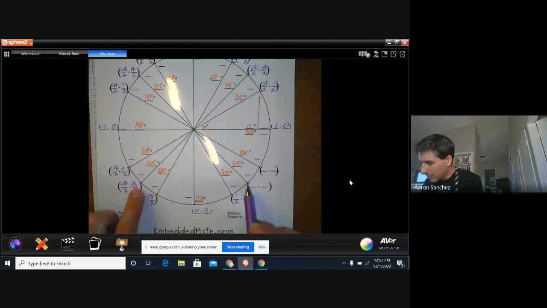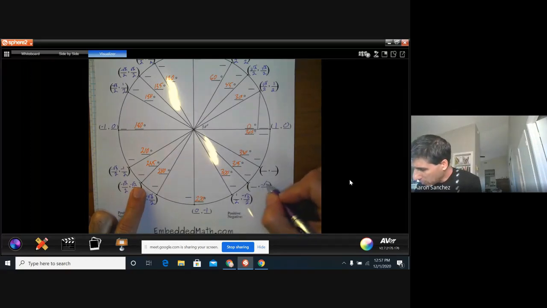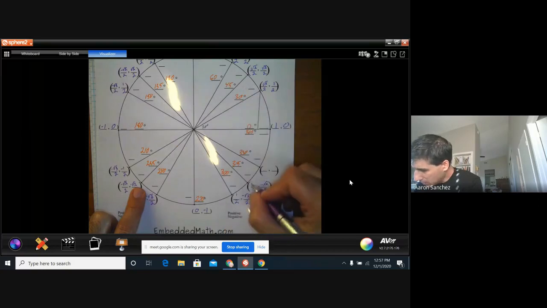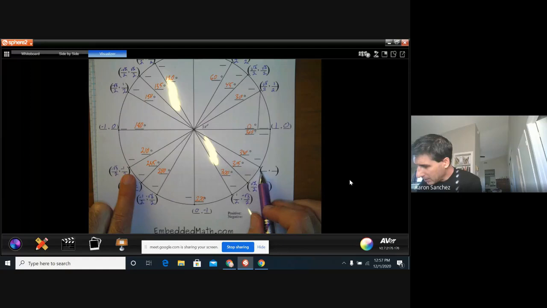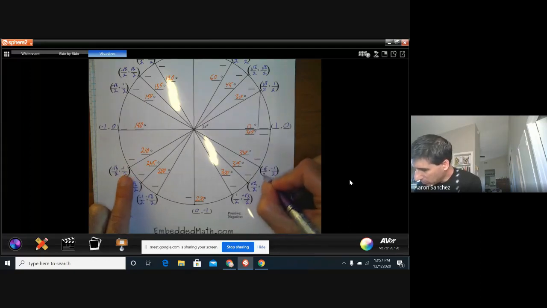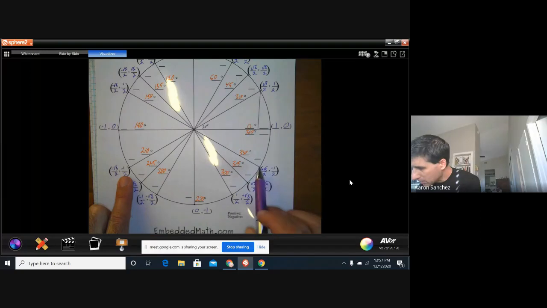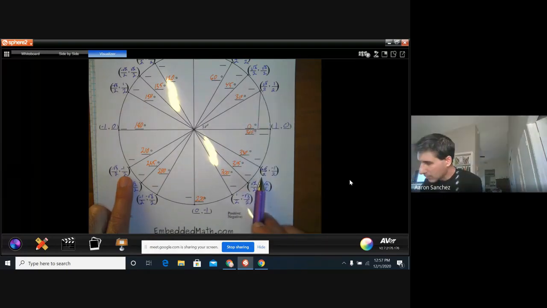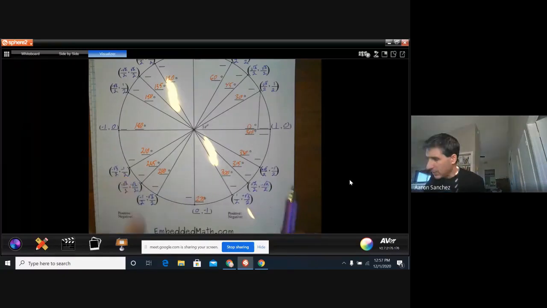So these are going to be the same distance across, same height. So -√2/2, and it's going to go across the same as this one, √2/2. And then these are the same height, so -1/2, and then -√3/2. I'm sorry, positive √3/2 is the same distance as this. And then that's that.